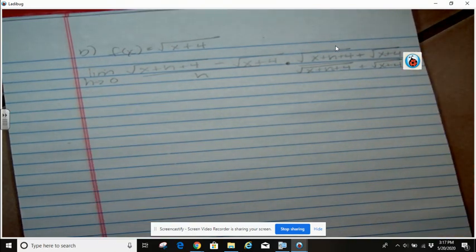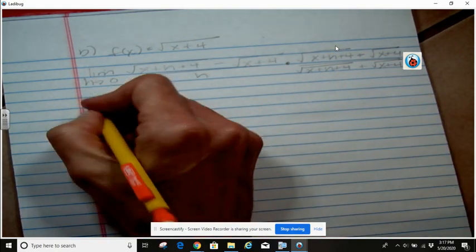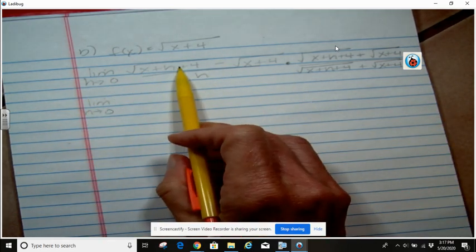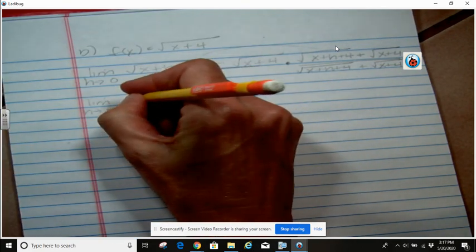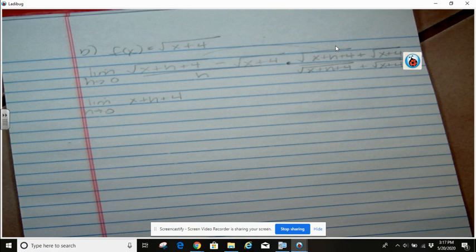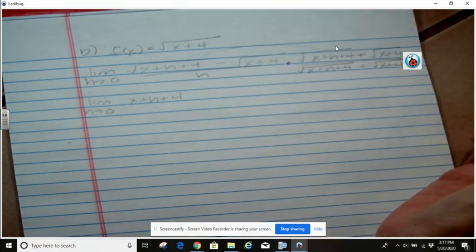All right, so I have a binomial times a binomial for my numerator. If you multiply a square root by itself, you just get what's underneath. So that's going to give me x plus h plus 4. And then when you multiply conjugates, the outer and the inner always cancel.